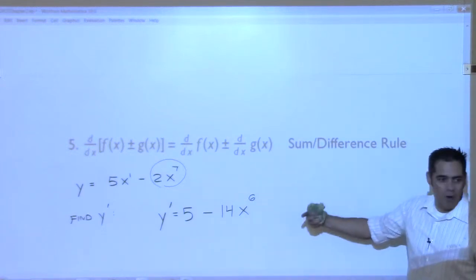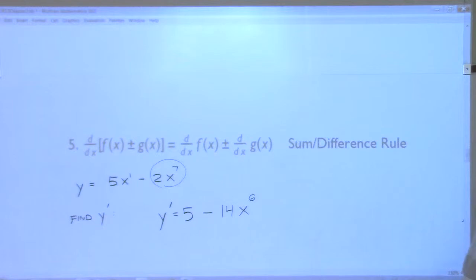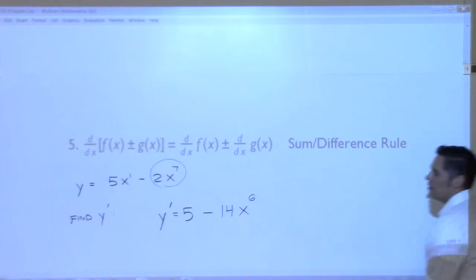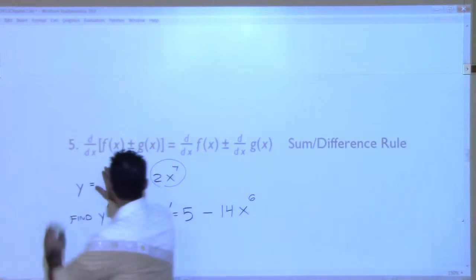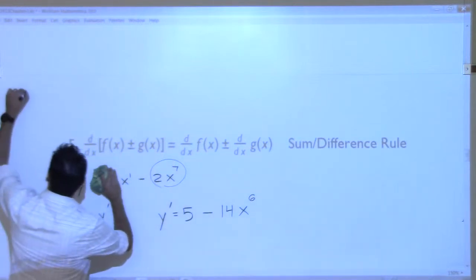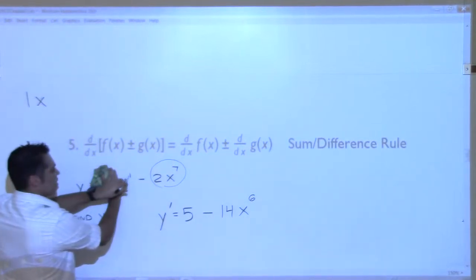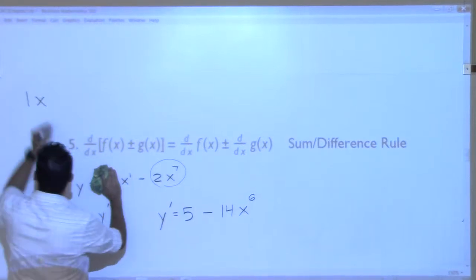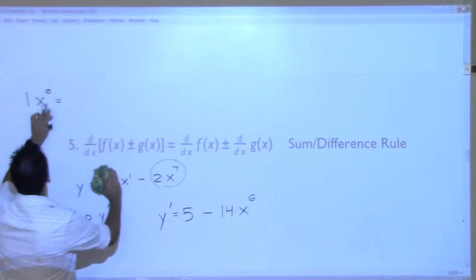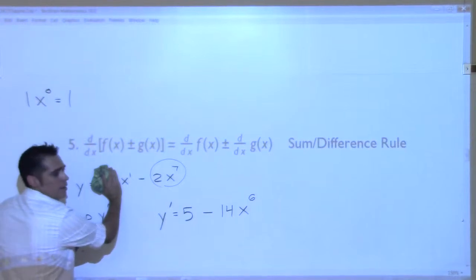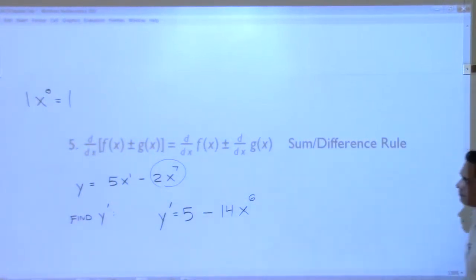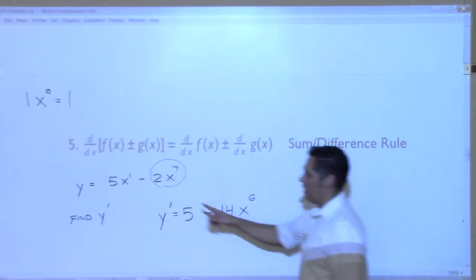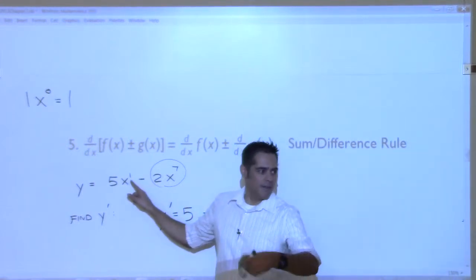What's being brought up is, let's say we brought the 5 down, and then we use the power rule on that. The 1 would come down, x, and then we would subtract 1 from the power, 1 minus 1 is 0. But x to the 0 is 1, so this turns out to be 1. So it still works. But don't use the power rule for x. Just use the fact that the derivative of x is 1.